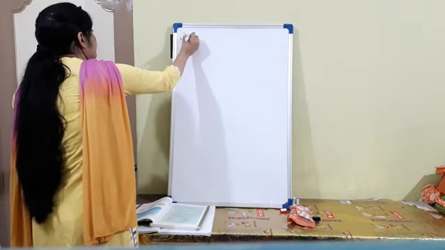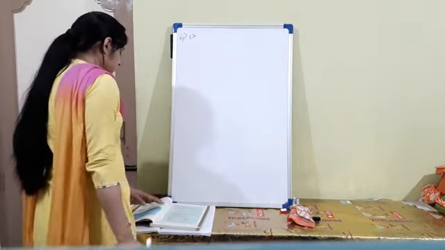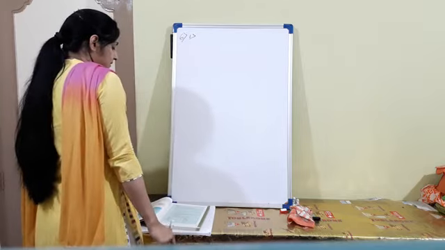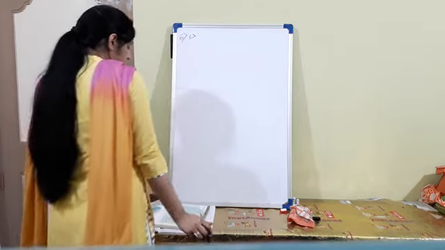Next, question number 6. There are some fill in the blanks. Question number 6, the first question. Green plants are called dash since they synthesize their own food.